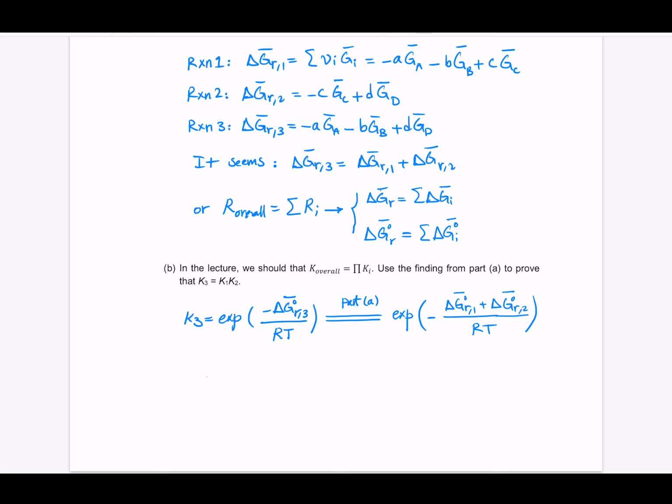So this would be equal to exponential of minus delta G of reaction 1 times exponential of minus delta G of reaction 2.